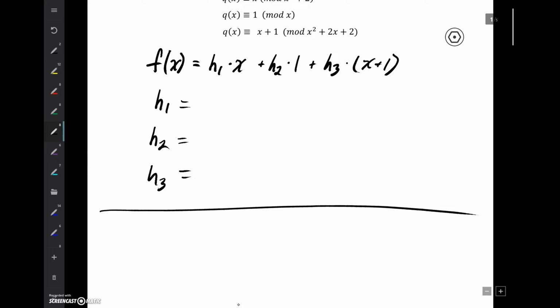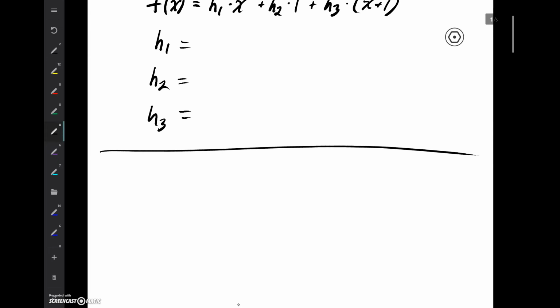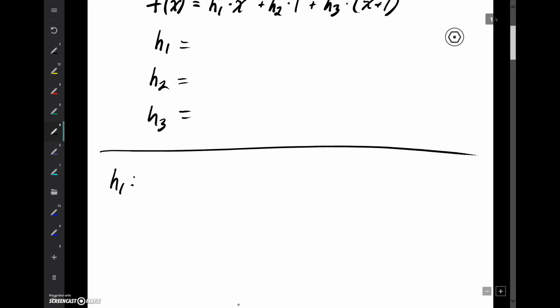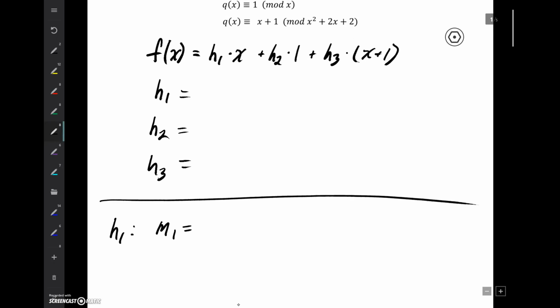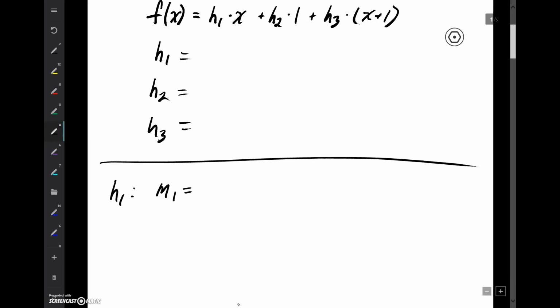We're going to start with m1. Now m1 is just going to be the mod part, which is x squared plus 2. And then this L1 part.